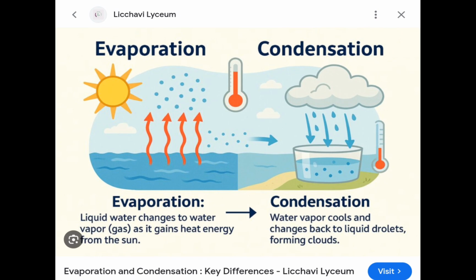In evaporation, liquid water changes to water vapor gas as it gains heat energy from the sun. This is called evaporation. In the exam they will ask you, friends, what is evaporation? What is condensation? So remember this picture. In condensation, water vapor cools and changes back to liquid droplets, forming clouds.